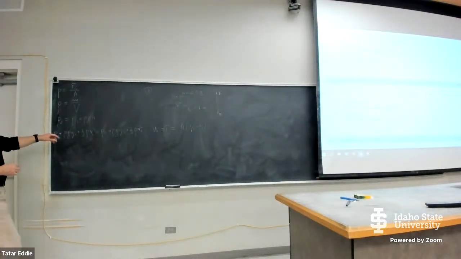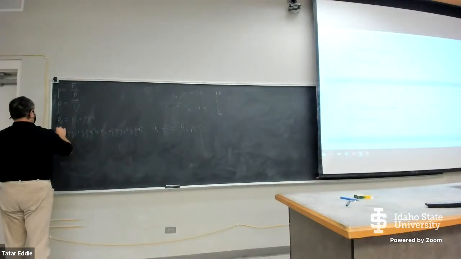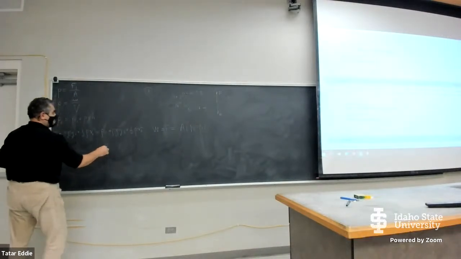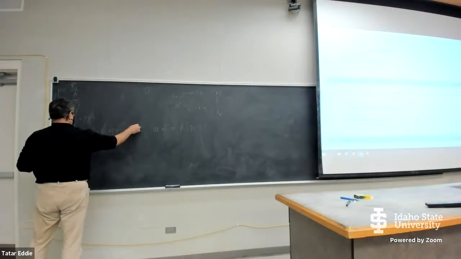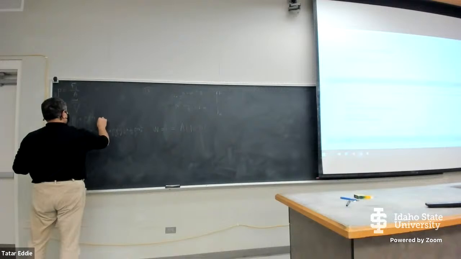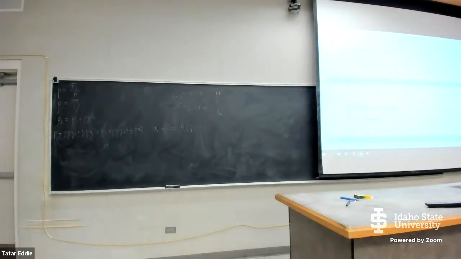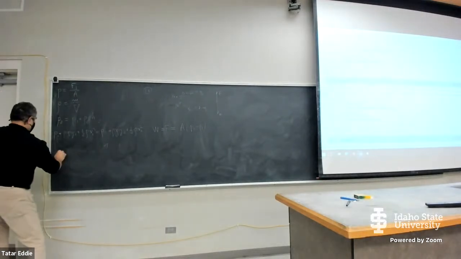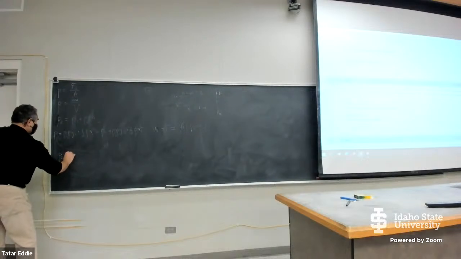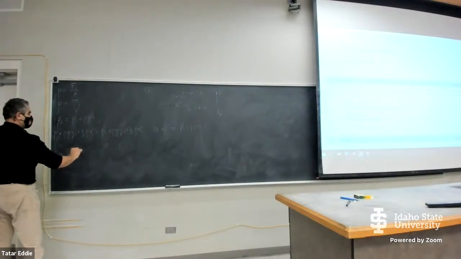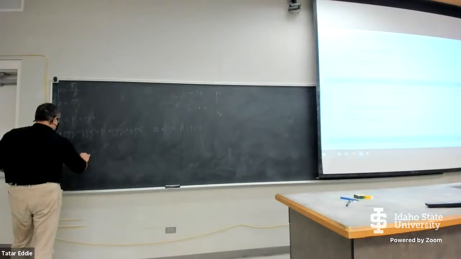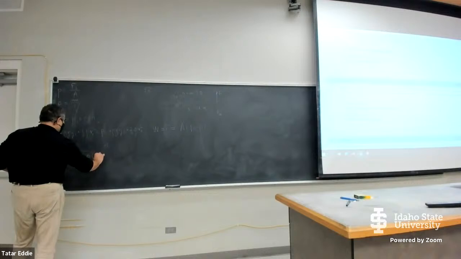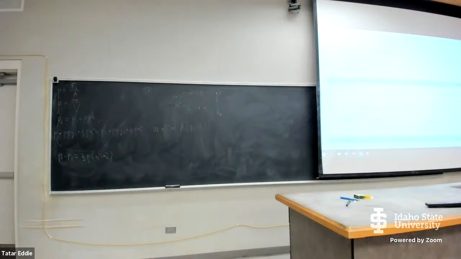Move this pressure to the other side of the equation with opposite sign, move this speed to the other side with opposite sign. And you're going to get that pressure P2 minus pressure P1 is equal to 1/2 density times V1 squared minus V2 squared. And that's it. So this is the pressure difference.